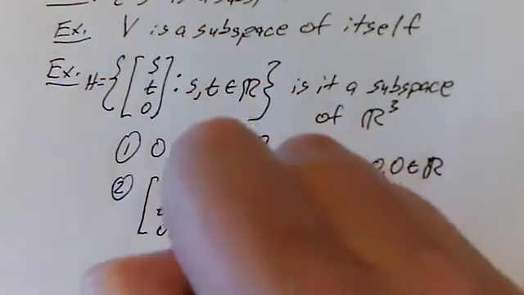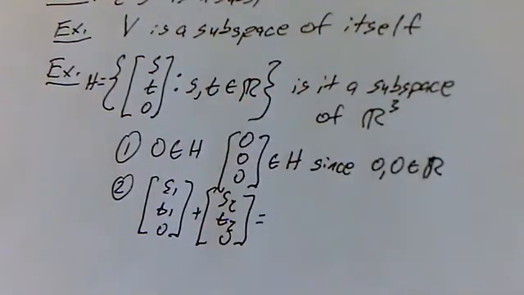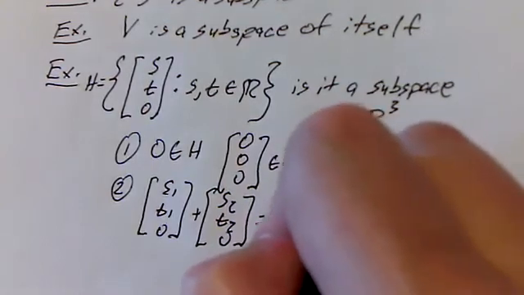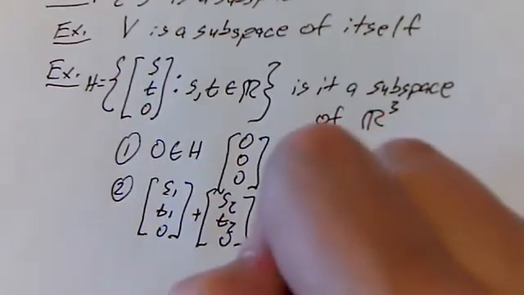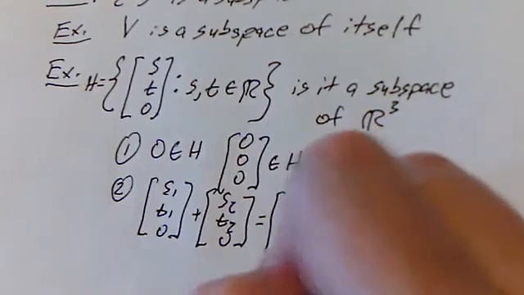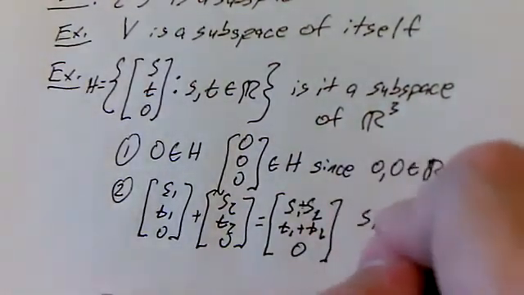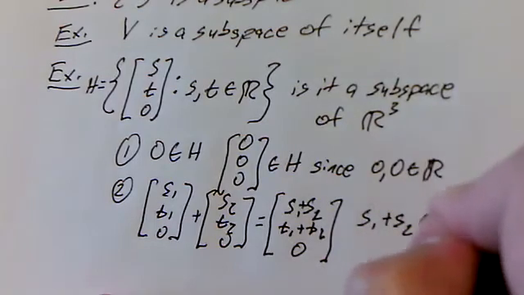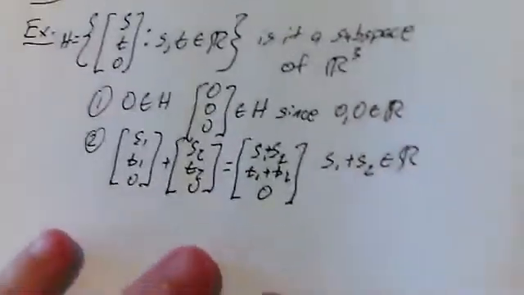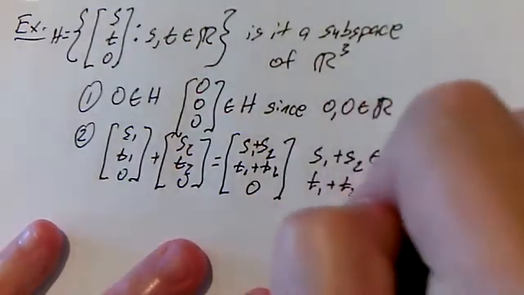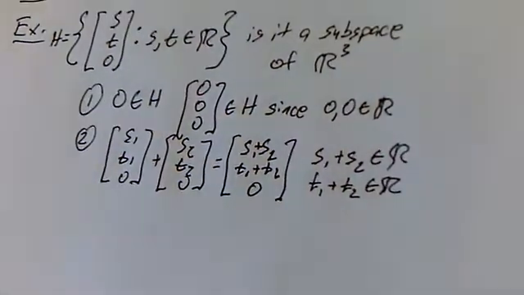Condition 2, if I add S1, T1, 0 and S2, T2, 0, we add vectors component-wise, so S1 plus S2, T1 plus T2, 0. Well, S1 plus S2 is a real number because S1 and S2 are real numbers. T1 and T2 are real numbers. So when I add them together, I get real numbers.